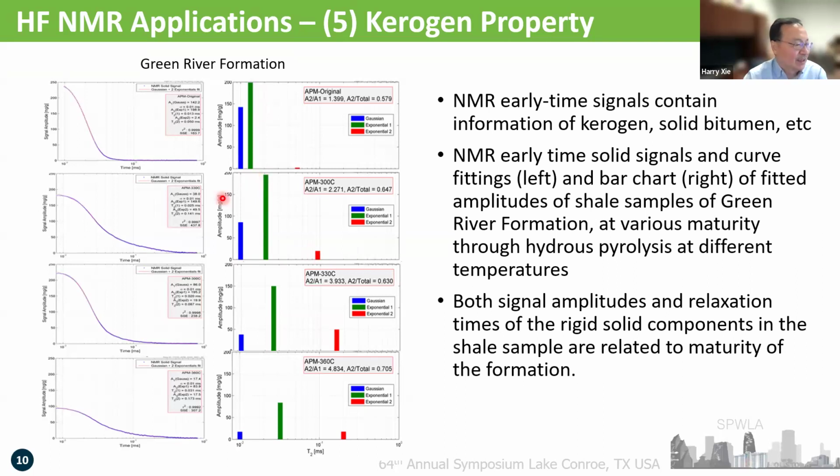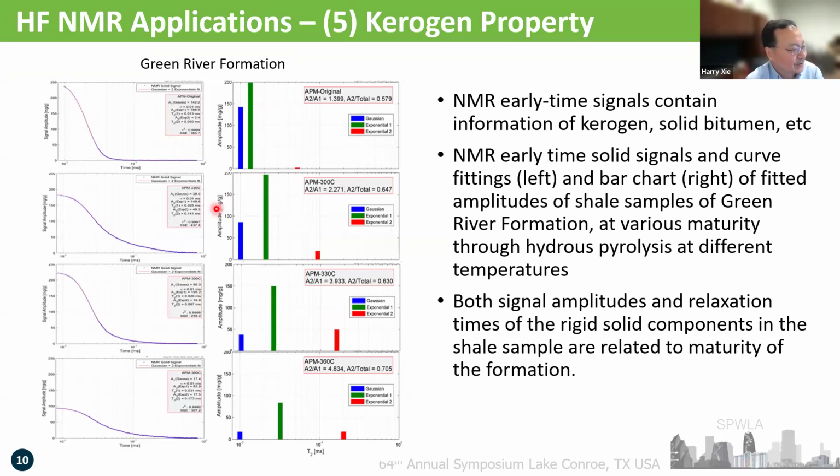For this kind of early time analysis, this is a good way to study the kerogen. I did not plot it here, but the kerogen maturity is proportional to the ratio of these two. I already had a paper published for that part.